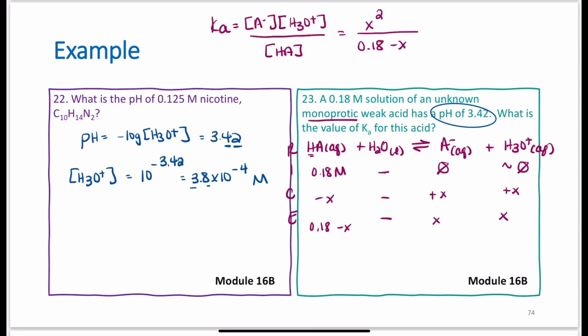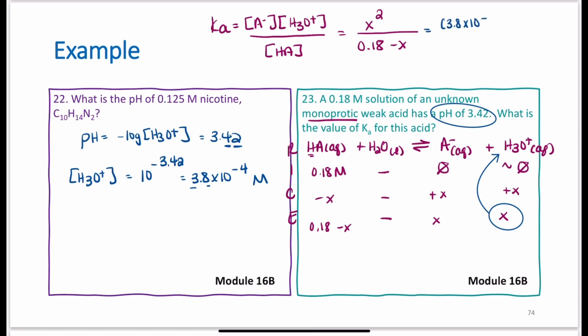I use the pH to find the hydronium concentration, but remember what that represents. That represents X. I know X. X is equal to 3.8 times 10 to the negative 4. I can plug that into my Ka expression.